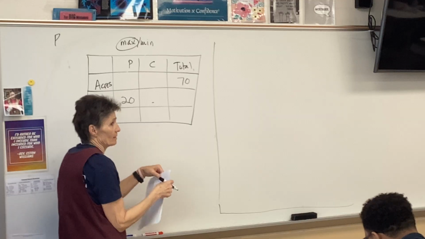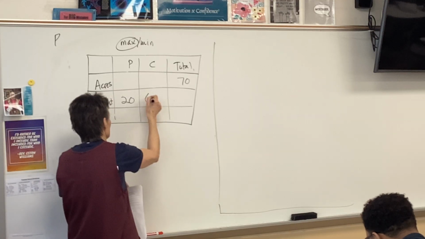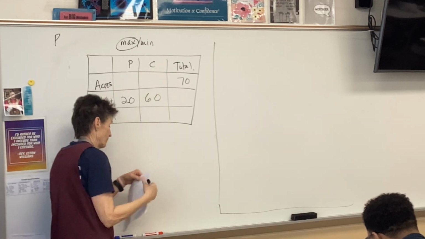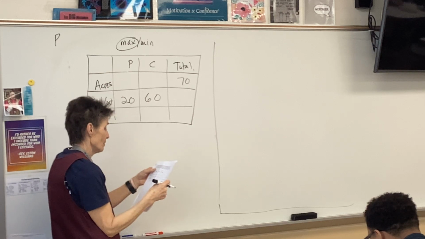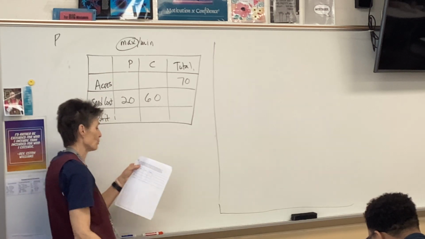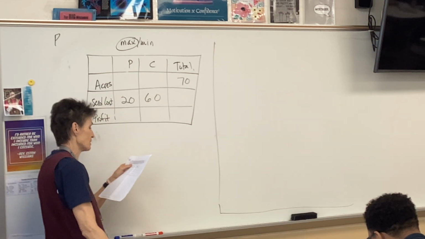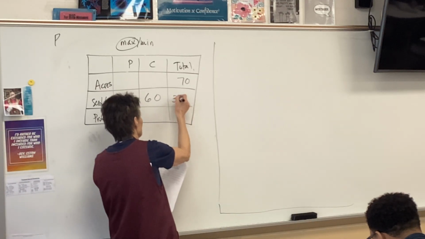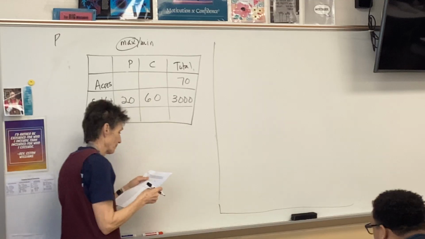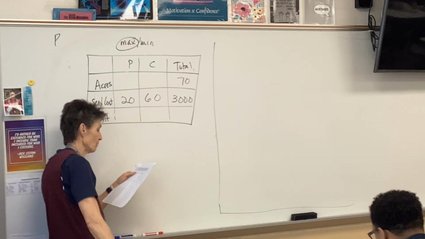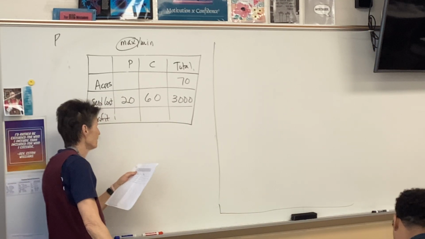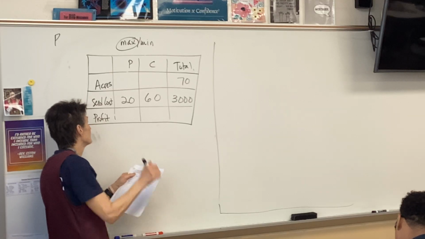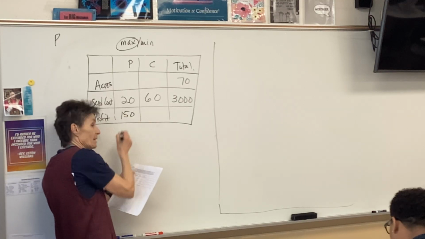Corn is 60 an acre. The farmer has set aside $3,000 to spend on seed. Seed cost total. The profit per acre of potatoes is $150. Potato profit.